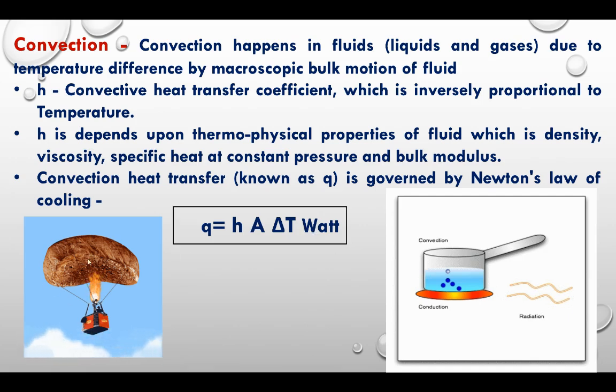One example is a hot air balloon. This is a very good example of convection. Here we fire the gas, and with the help of that heat, the balloon slowly blows up, and with the help of that, it slowly goes up and down. So this is the best example of convection.